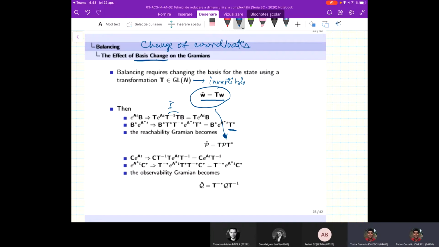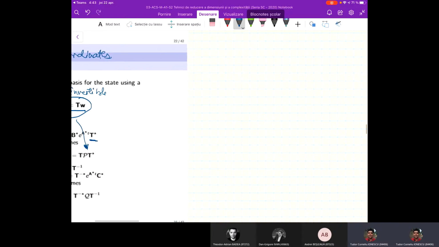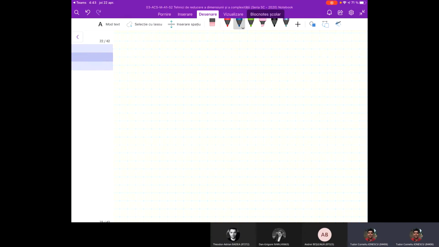This is one way to look at it, but you can also do it differently. So what's a change of coordinates? You start with x dot is Ax plus Bu, and y is Cx. And then you apply the change of coordinates z is Tx, T invertible, hence x is T inverse z.